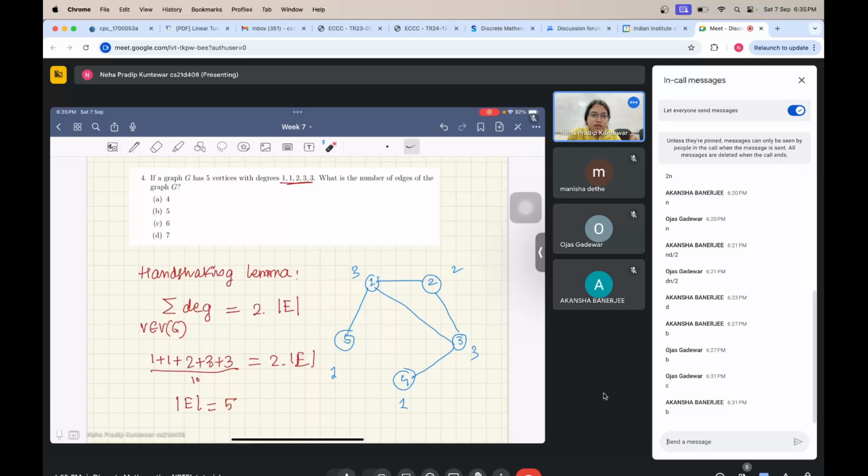So do you think, given a degree sequence, first of all, if I give you a degree sequence, can you always come up with a graph? No, ma'am, I don't think so. Right. So we will look at some questions like that after maybe a couple of questions.